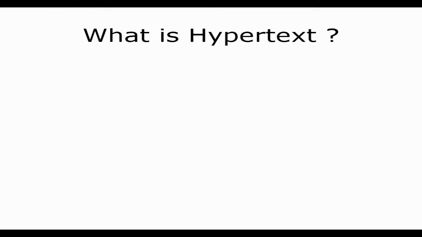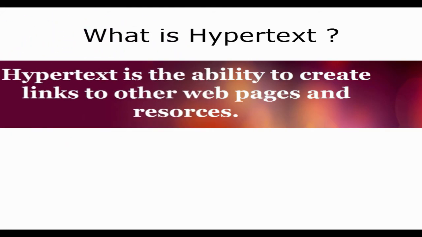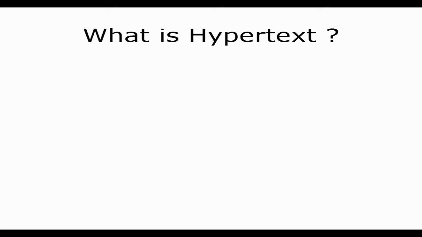What is a hypertext? Hypertext is the ability to create links to other web pages and resources. For example, if you have a website called, say, yourname.com, and you want your visitors to click on a link, or you want them to access Google from your website, you create a link from your website where if the visitors click on the link, it takes them to Google.